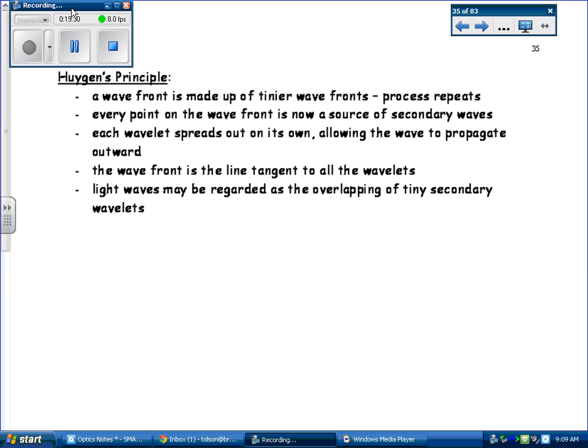Every point on the wavefront is a source of secondary waves. Each wavelet spreads out on its own, and that allows the wave to keep propagating outwards. If you draw a line where the wavefront is, it forms a tangent line to the wavelets.